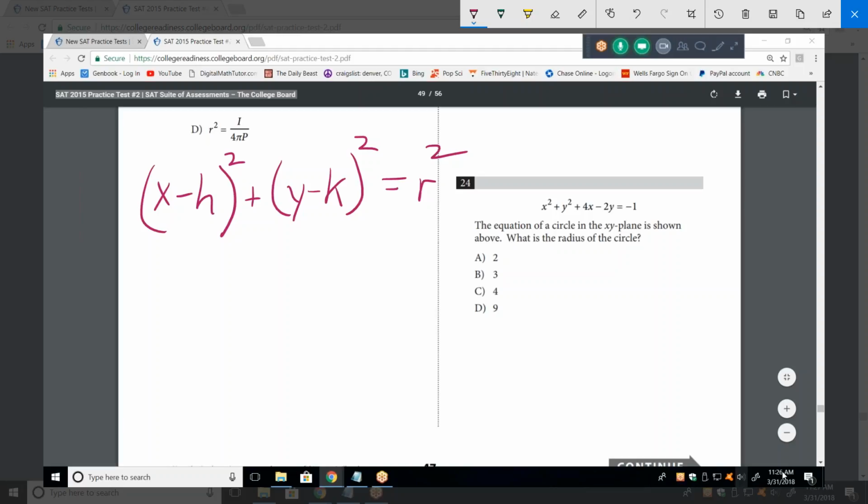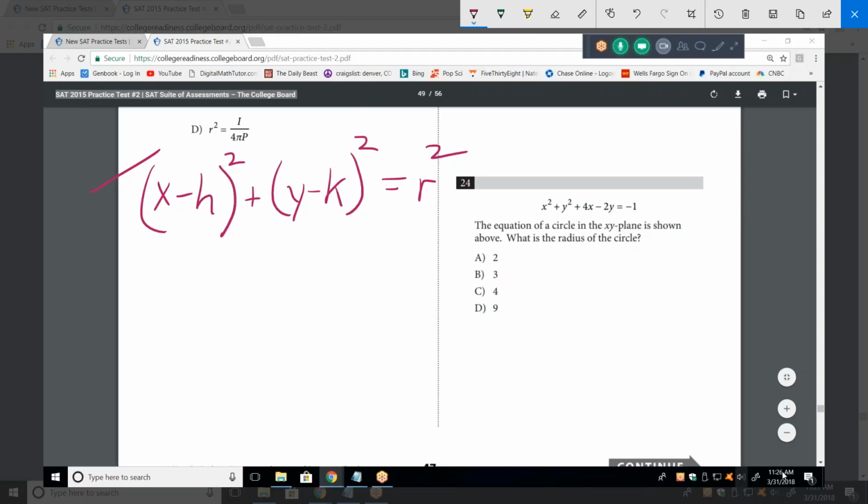You'll be lucky if you only get an equation of a circle. I've also seen questions about equations for ellipses. So circles and ellipses are worth learning. You're going to see one on there. And if you know this, these are not hard, especially if you know how to complete the square.